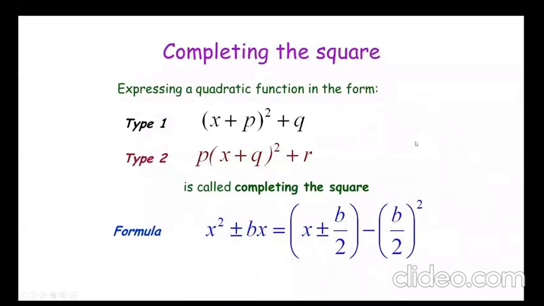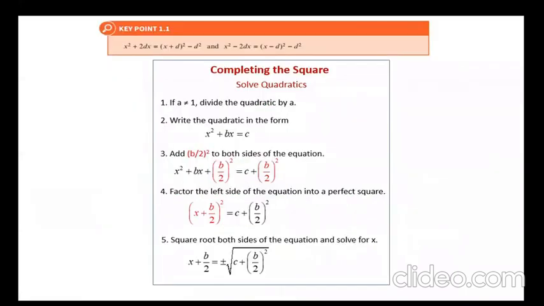So this is the general case we described earlier, the completing square. As we know, ax square plus px plus c equals 0. If a does not equal 1, divide the quadratic by a.